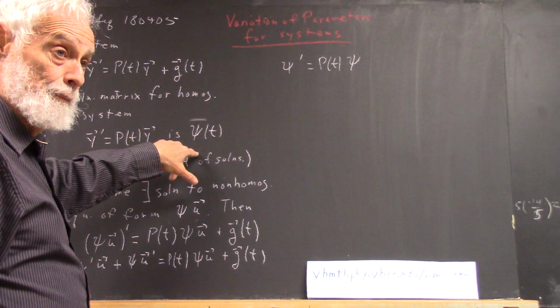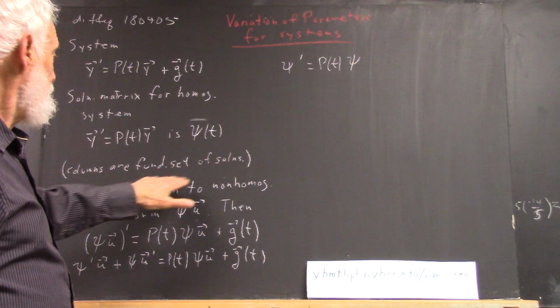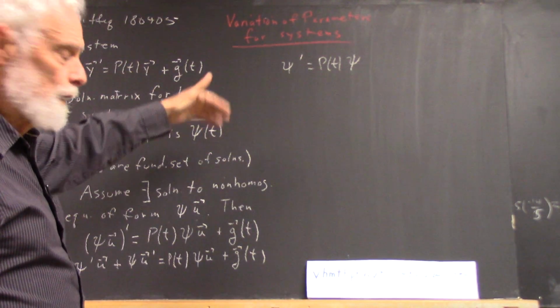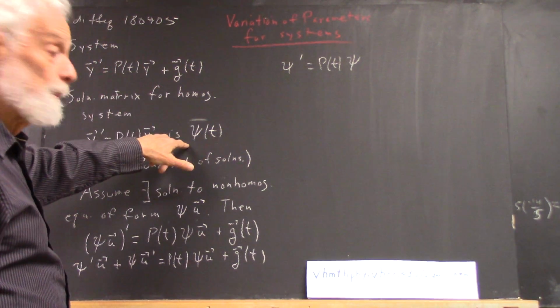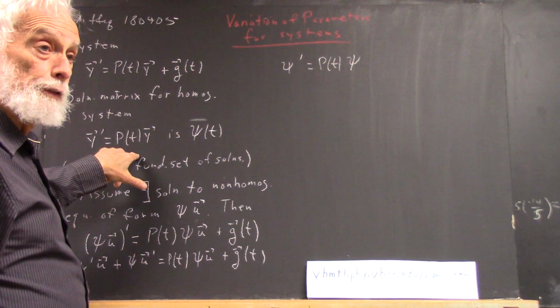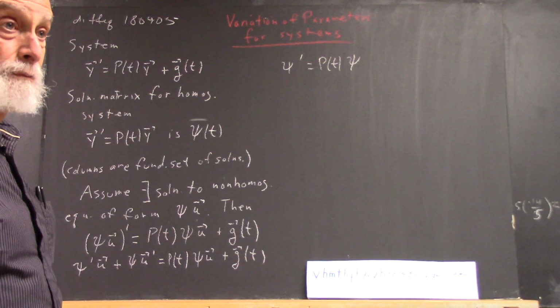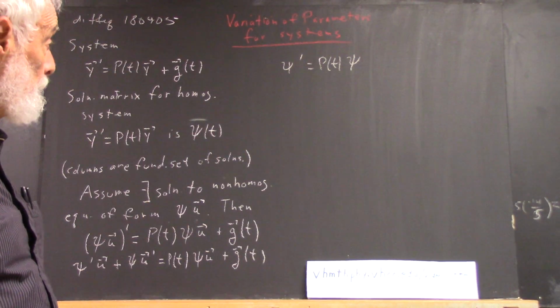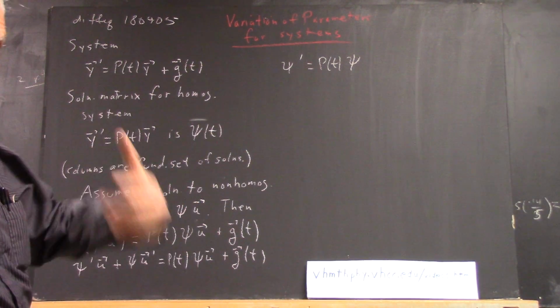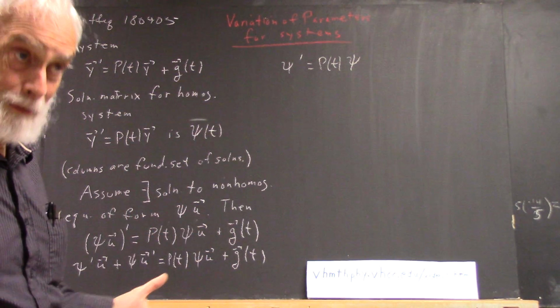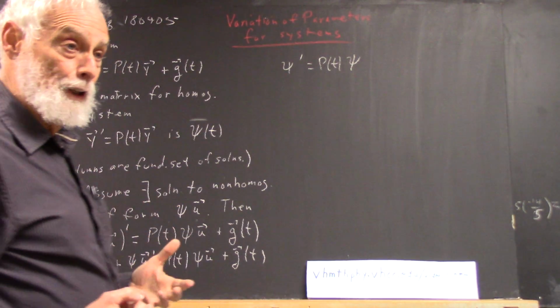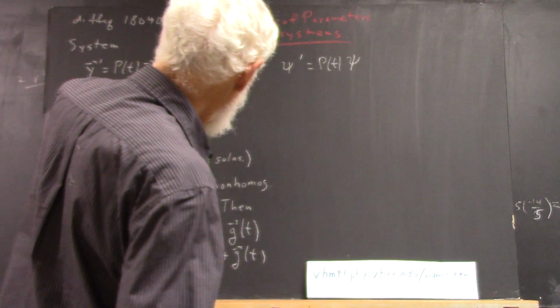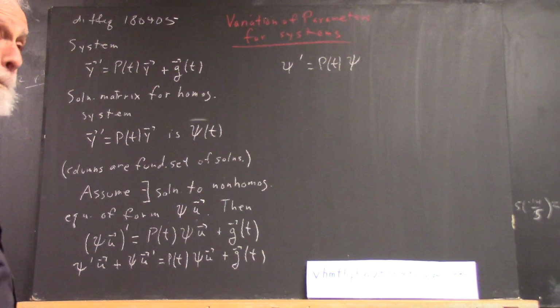And if psi is a column of solution vectors, then it is a solution to this equation, as we saw a week or two ago. And if you don't understand that, make sure you write it out and review it and understand it, if you want to understand this method.